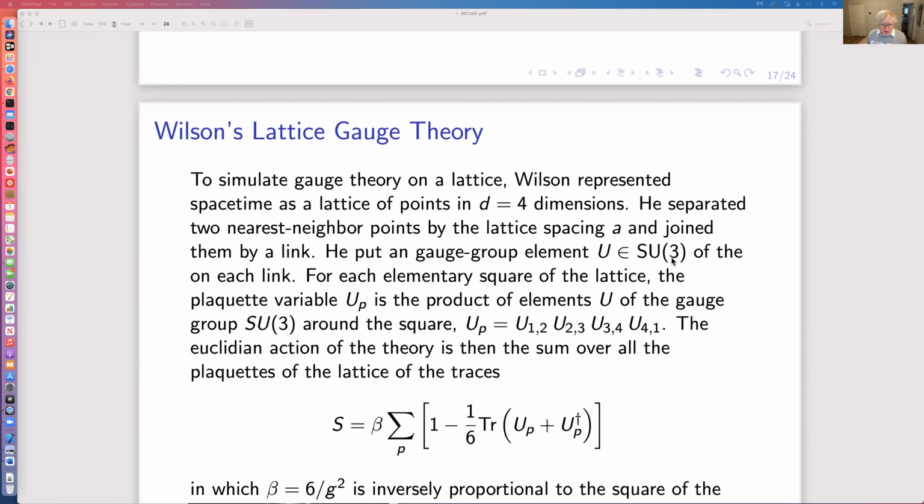So in the case of SU2, it's a sphere in 4 dimensions, the surface of a sphere in 4 dimensions. In the case of SU3, it's something like that, but in, I guess, 8 or 9 dimensions. So this is called compactification, and there are errors introduced by this Wilsonian compactification.